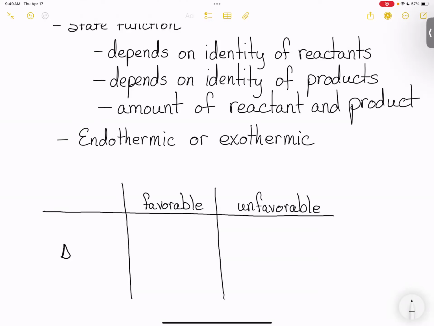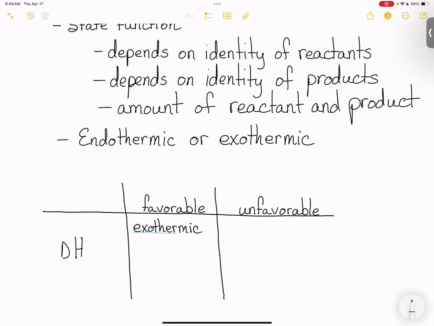So with respect to enthalpy, a favorable reaction will be an exothermic reaction, whereas an unfavorable process is an endothermic reaction.